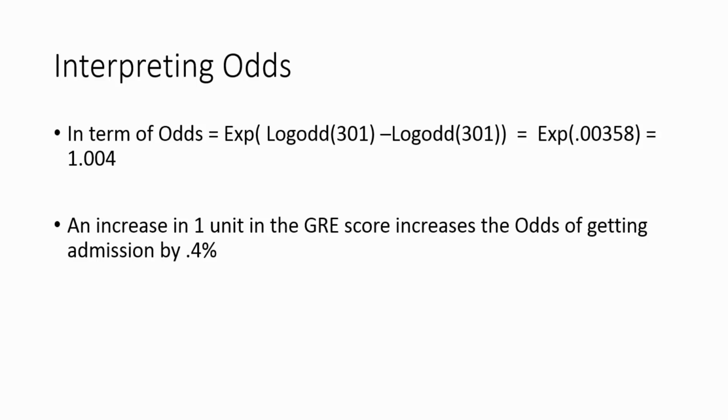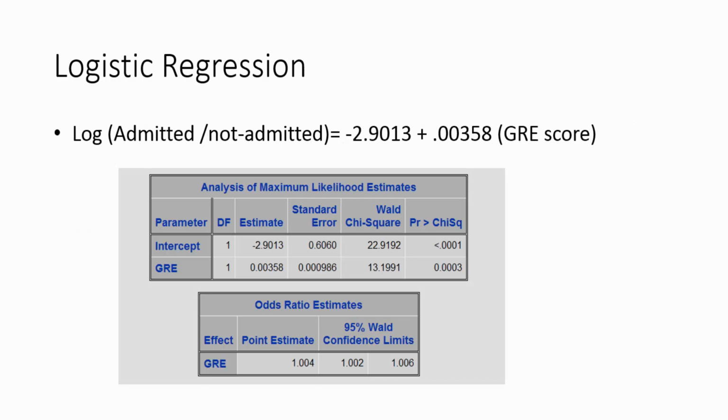Let's go back and check if this number appears in our output. Well, 1.004 is nothing but the odds ratio estimate of GRE, right?